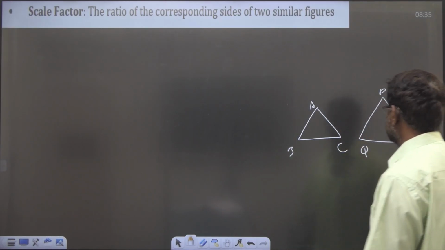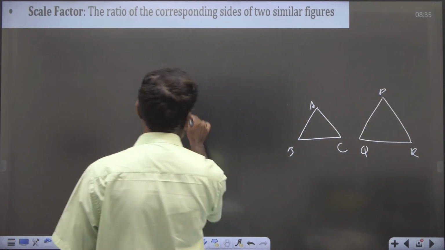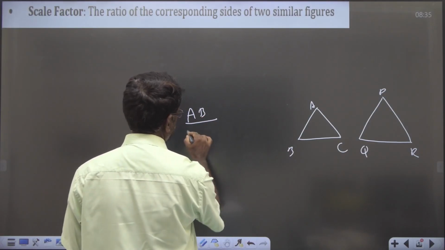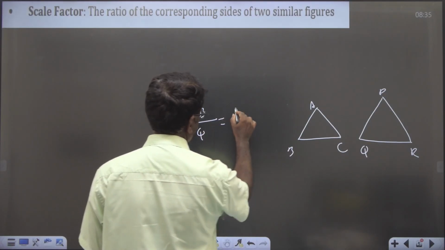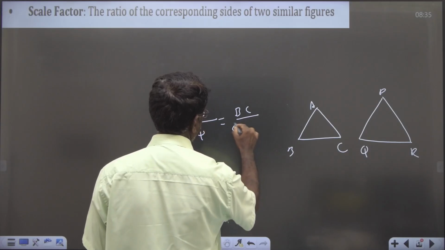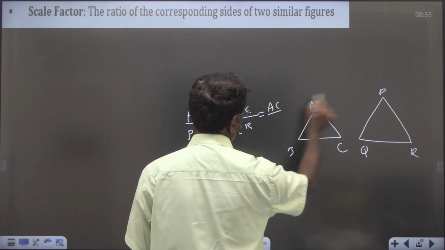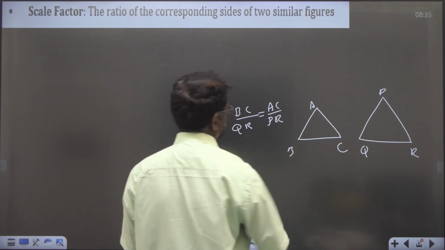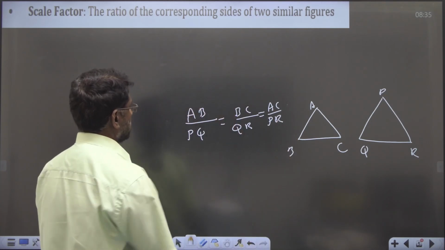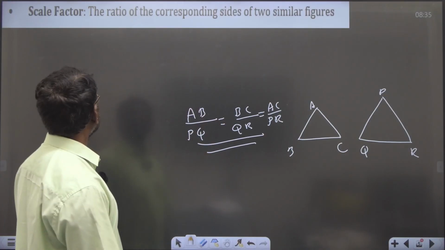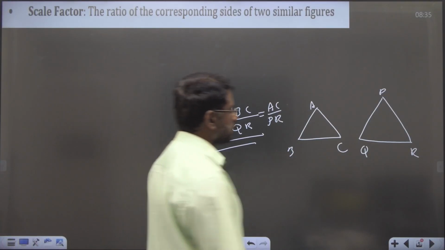Scale factor means, for example, if these two triangles are similar, then AB by PQ equals BC by the corresponding side QR equals AC divided by PR. This ratio is called the scale factor. Okay, that's all.